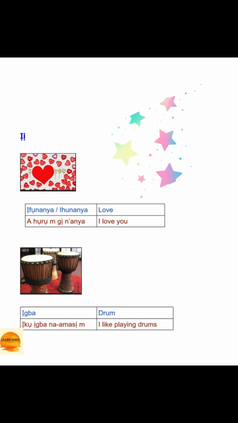This is for the letter I. Notice how this I has a dot at the bottom. Ịfụnanya, love. Ahụrụ m gị n'anya. I love you.